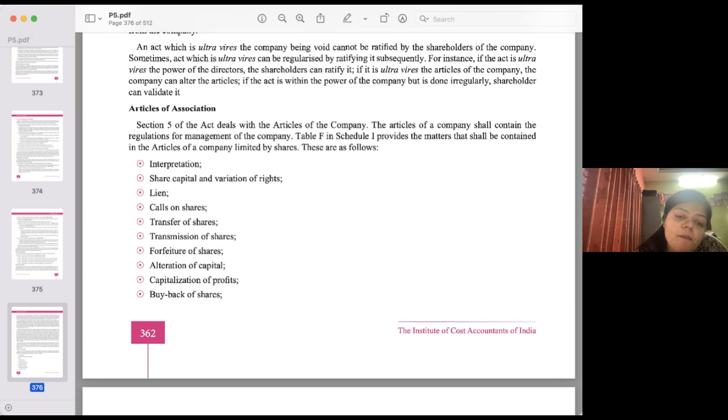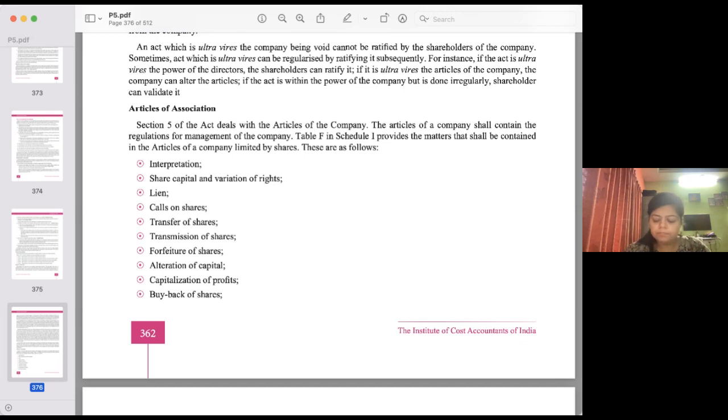Alteration of share capital. Every time that you frame the draft of the charter documents of a company, you have to mention the share capital, the authorized share capital, and the number of shares that you are trying to issue.